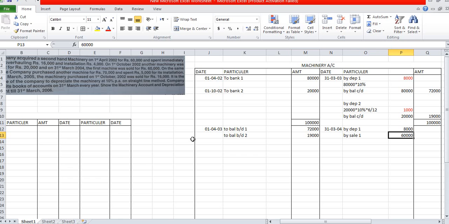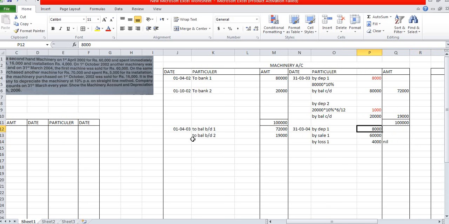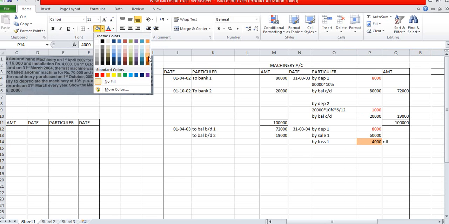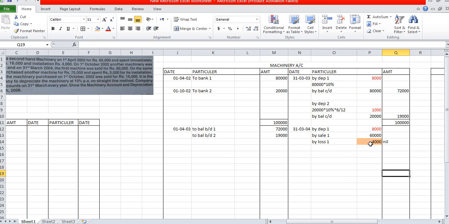Out of 64,000 you are selling only 60,000, means by loss from first machine, 4,000. Here nil, it's gone. Okay, this is the depreciation amount, this is the loss amount. This machine is finished.